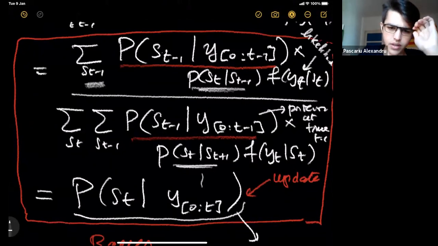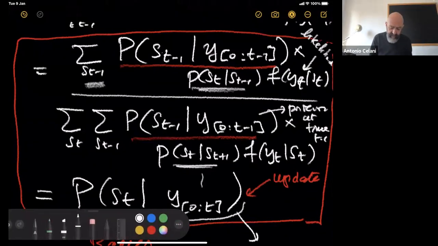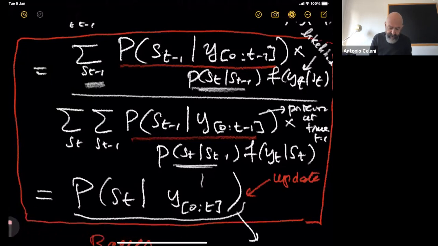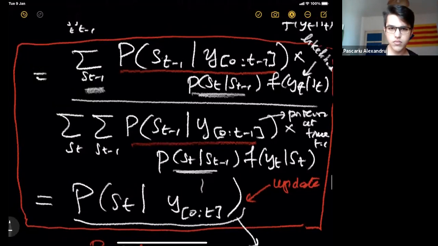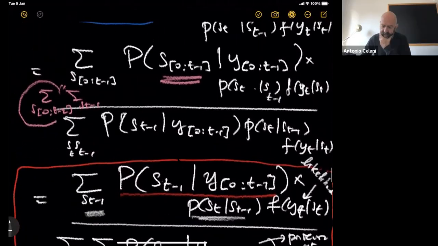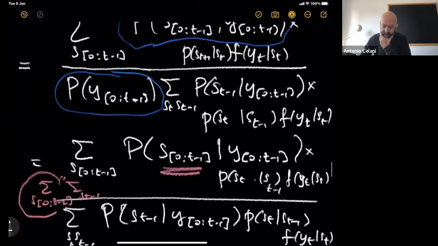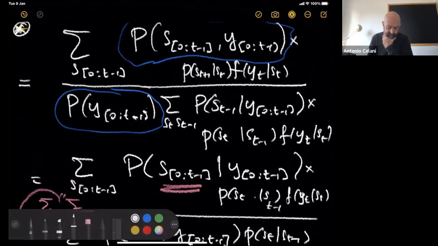Yeah, if I can, is it correct to write, maybe it's a mistake, I don't know, or maybe I'm wrong, P of S_T given S_T+1 in the last passage? No, that's not, yeah, you're right. I've been mixing up plus and minuses. Thank you for noticing this. There are other ones.